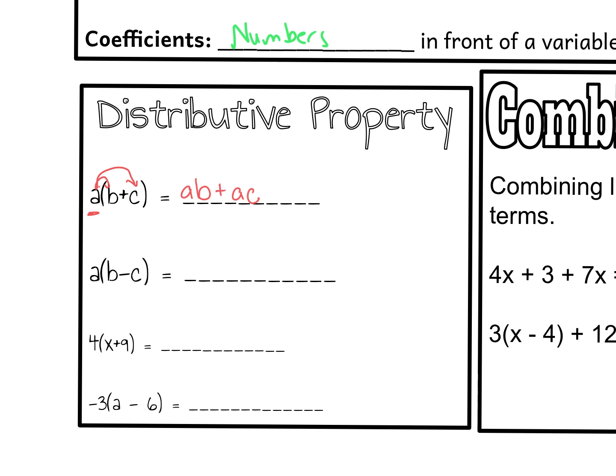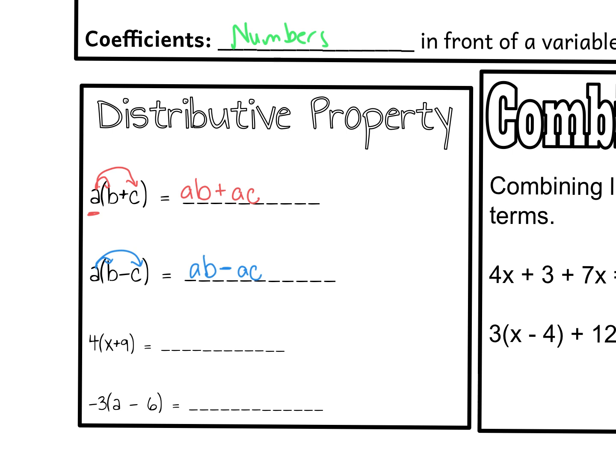So A times the quantity of B plus C is the same as A times B plus A times C. When we look at the next one, the only thing that changes is we have that subtraction sign in the middle. So this becomes A times B minus A times C.